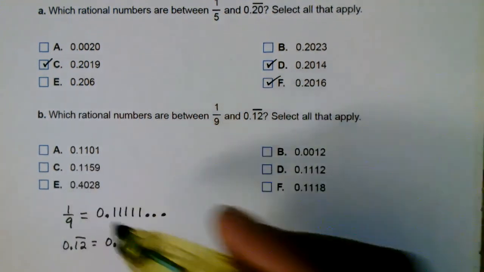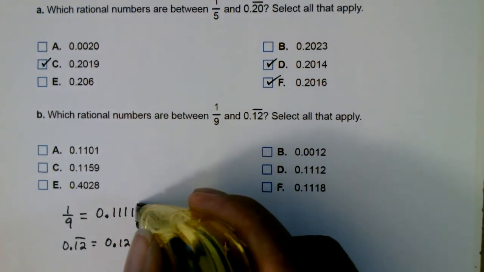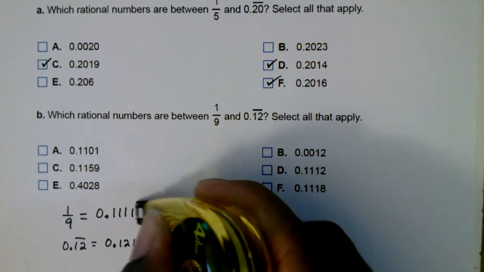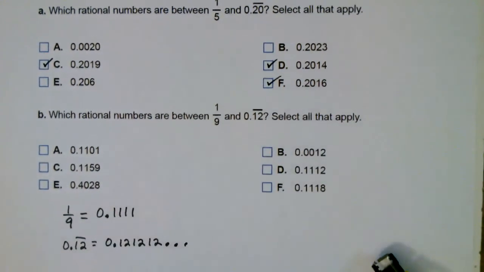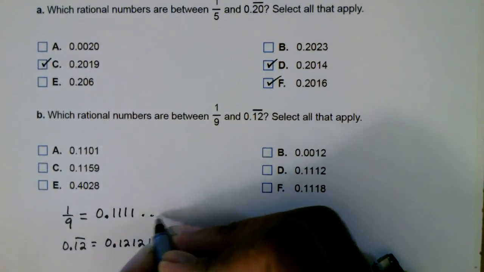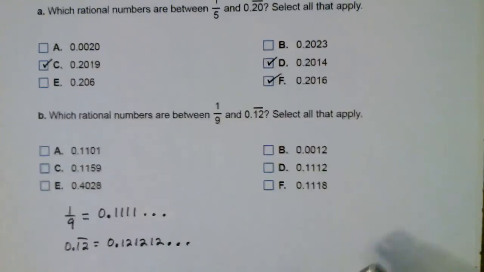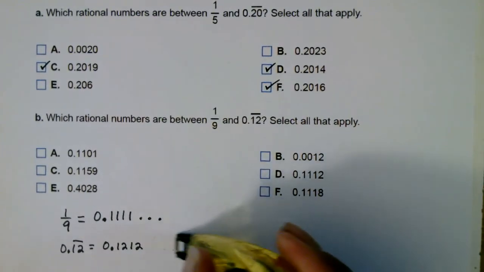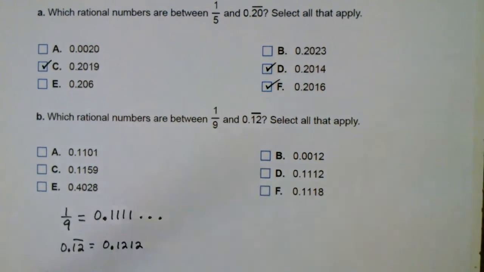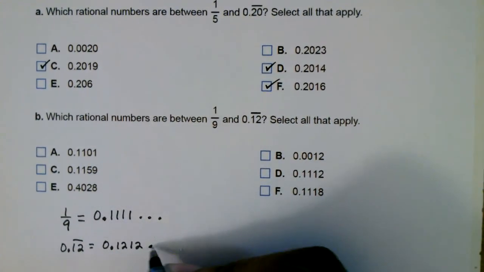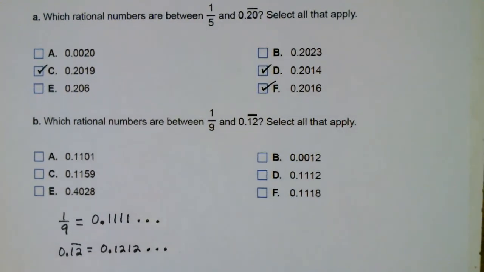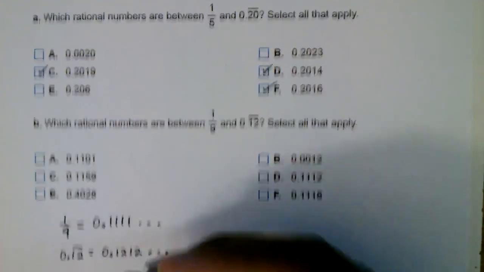Okay, and since we got 4 decimal places, let me just keep it simple. 0.111, and that's going to be repeating. And then 0.1212, that's going to be repeating. So we need to select those rational numbers that are between these two.